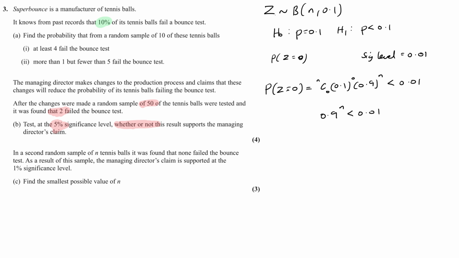And then we have to go to logs. So we're going to take logs of both sides. It doesn't matter what base you use, as long as you use the same one. And then bring our n down using the rules within our logs. And then we want to divide by this log 0.9.